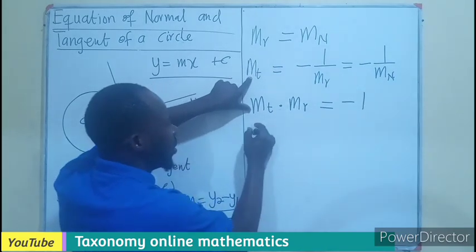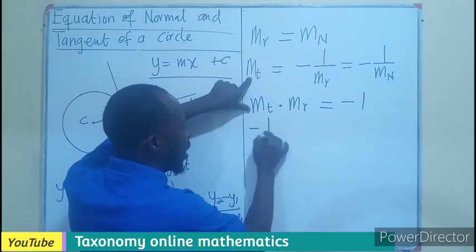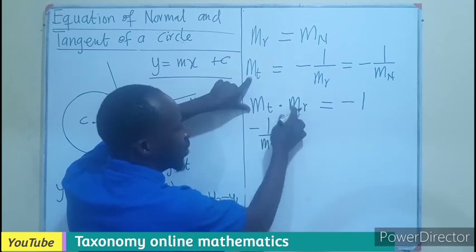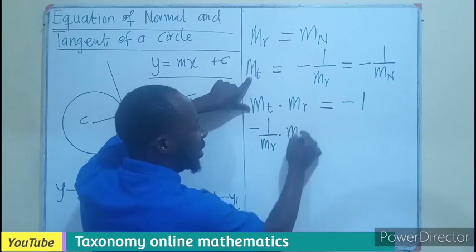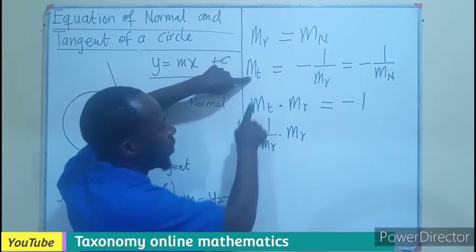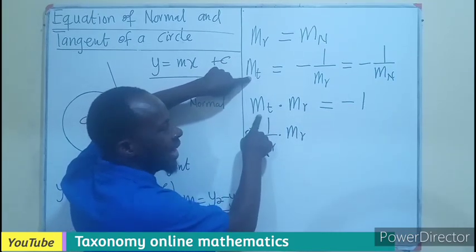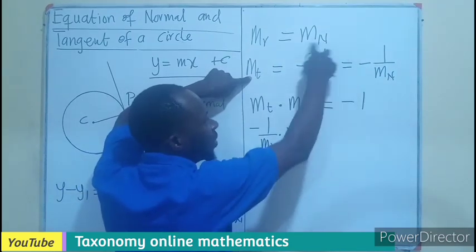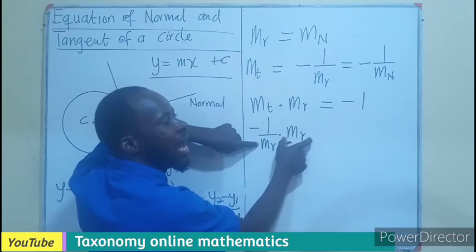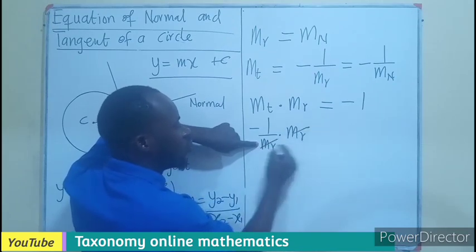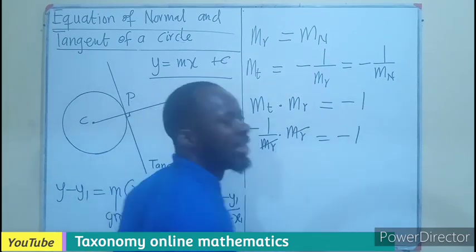It is going to be negative 1 over mr. Then the gradient of this is going to be just mr. Don't forget, the gradient of the tangent is this, so I put it there. What is the gradient of the radius, which is still mr? So if I multiply the two, my answer should be a negative one.